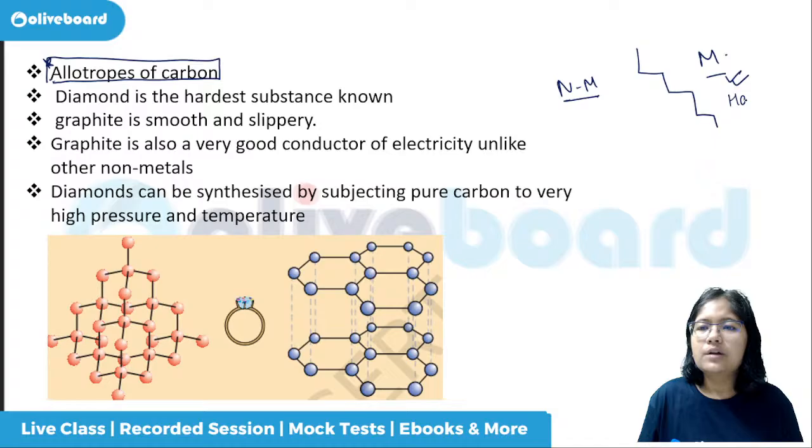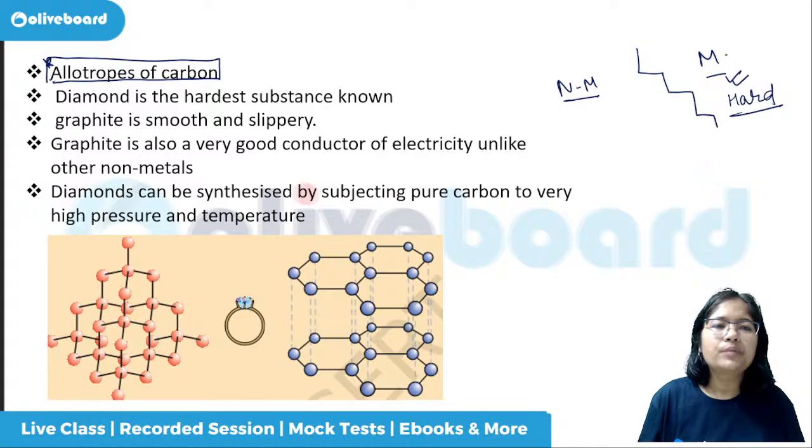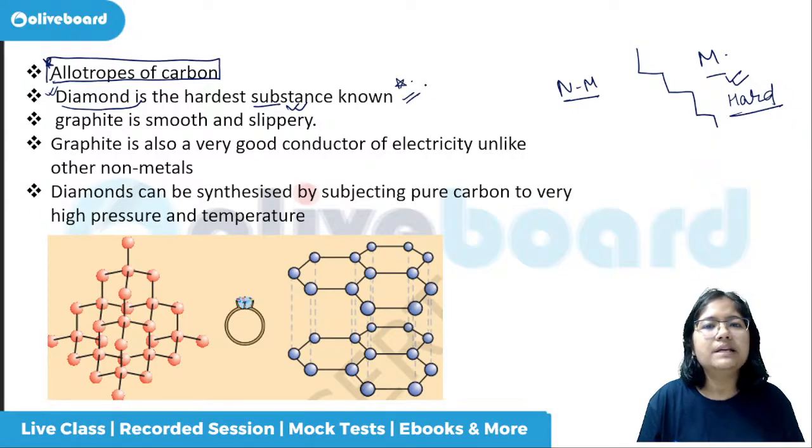Metals properties, we study that metals are hard, metals are malleable, metals are ductile, etc., right? But you see, diamond, though it is an allotrope of carbon, is the hardest substance which naturally occurs. What does that mean? That this is an exception. So wherever you find an exception like this, it becomes important for your exam purpose.